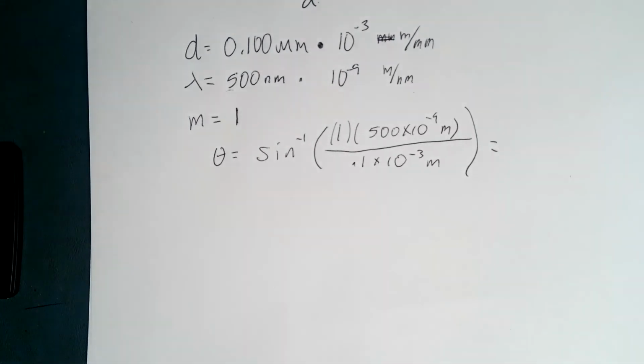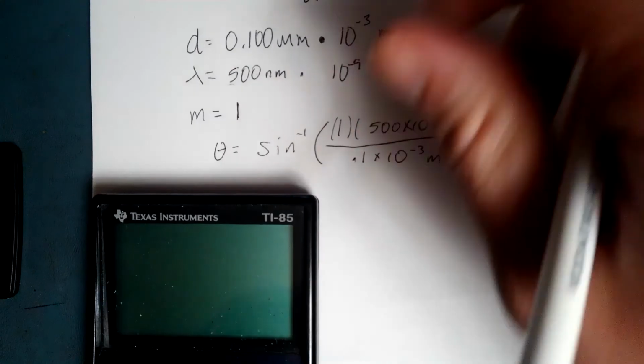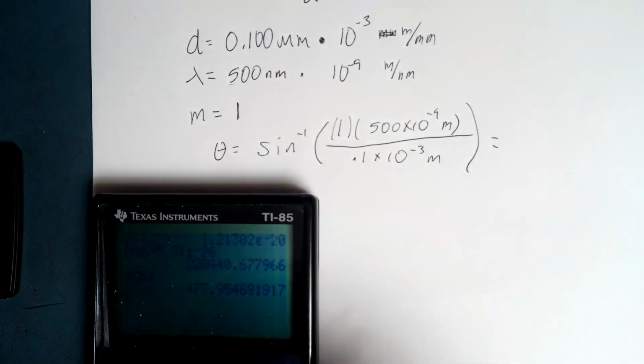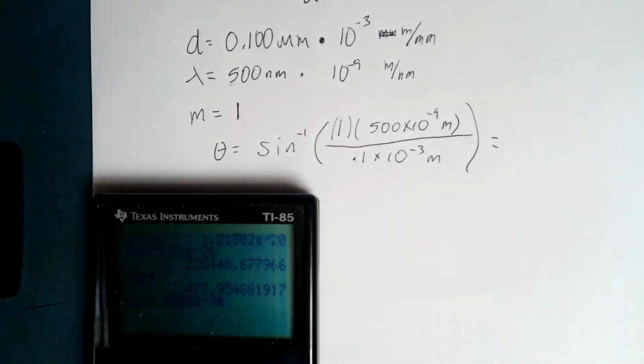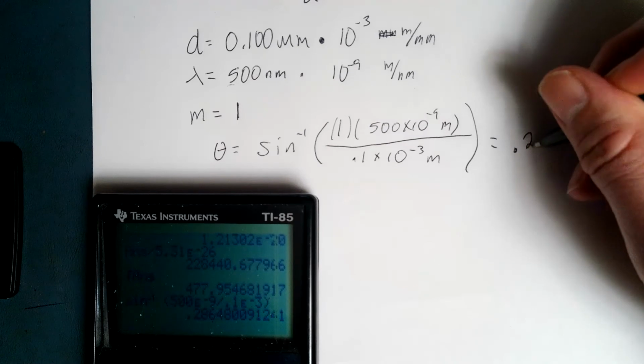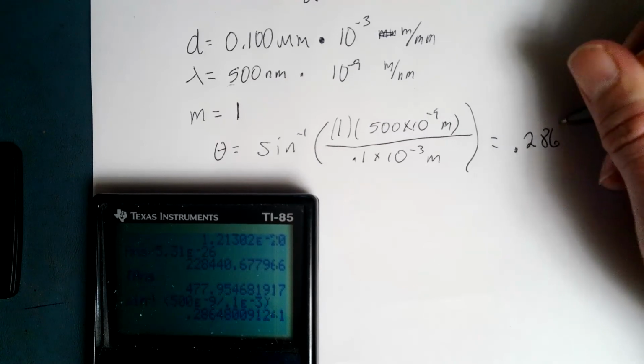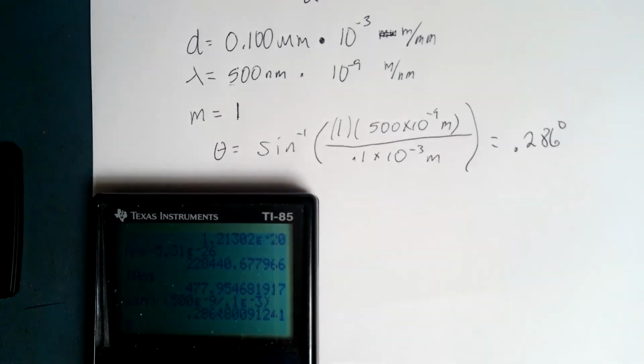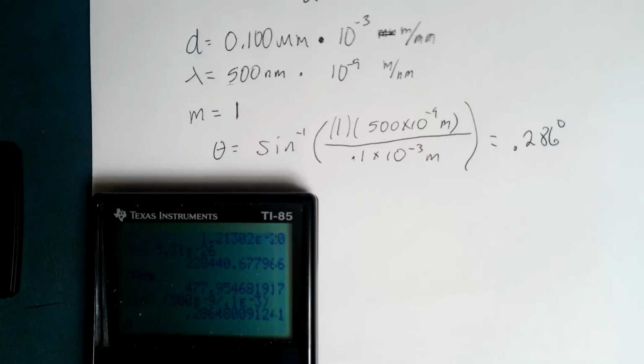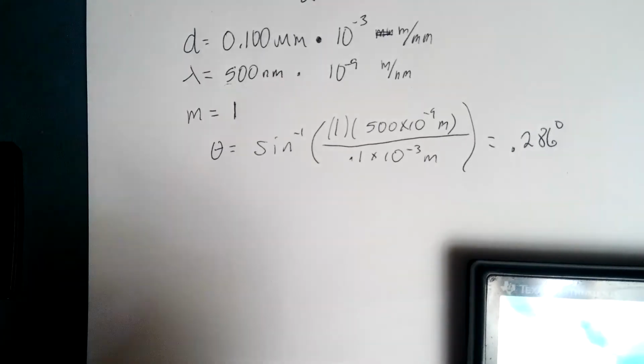Now, this can be in degrees or radians if you want, but so we'll just get, okay. So now this is 0.286 degrees. Now, as usual, I see these examples and I just start going.